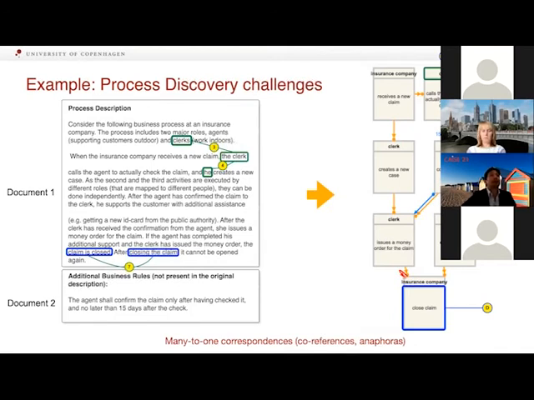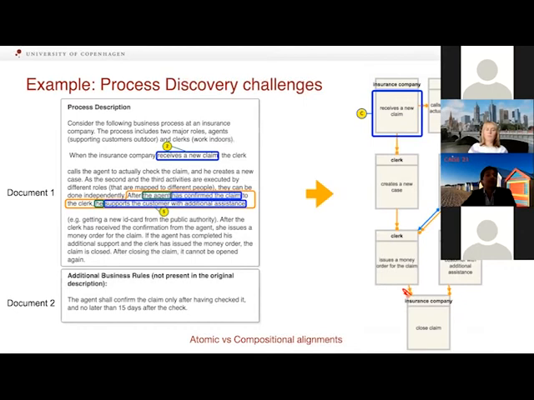Certain process elements have many-to-one correspondence. One process element, like the role clerk on the right-hand side, is represented by different tokens like clerks, the clerk, and he. Similar things with events: a claim is closed, and I'm going to close the claim. They represent the same semantic information, although the utterance has changed.